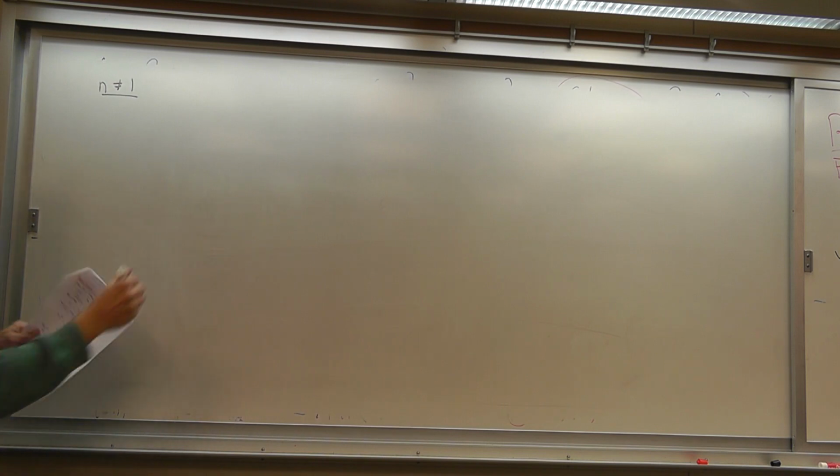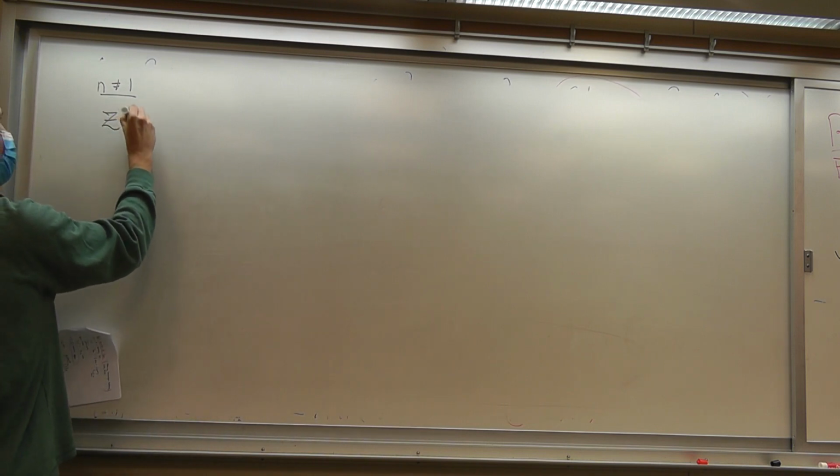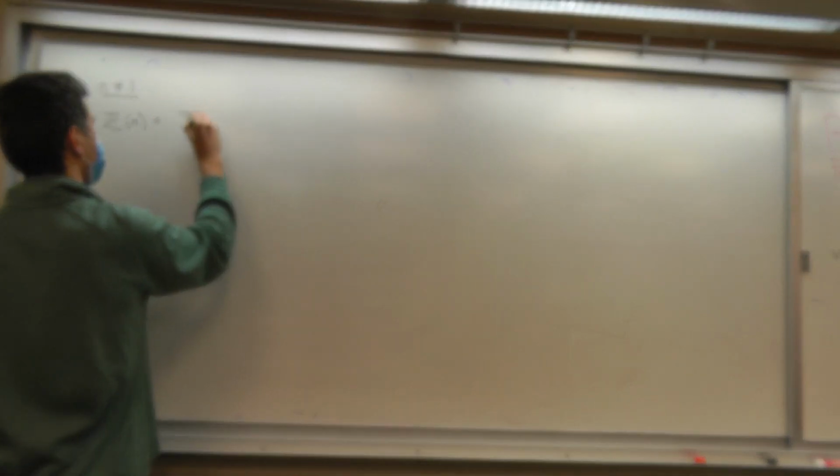Now we'll go to the case of n not equal to 1. Z of n, the replica partition function, is trace of e to the minus beta h to the n.